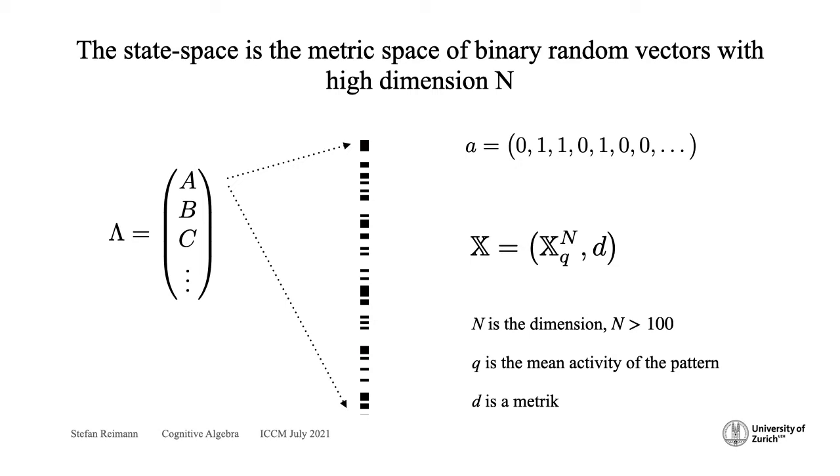The mean activity in a pattern serves as a basic measure for its sparseness. Sparseness is known to be of essential importance in this context, so that a model should be able to integrate this. Finally, on the state space there is a metric defined, and the choice is not unique. In fact, many metrics exist that make the state space a metric space. In the following, I will not refer to a particular one.